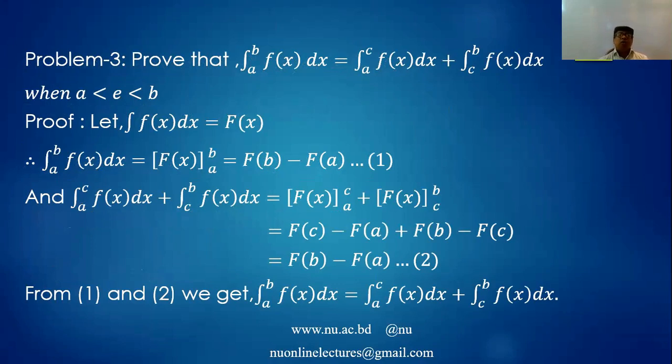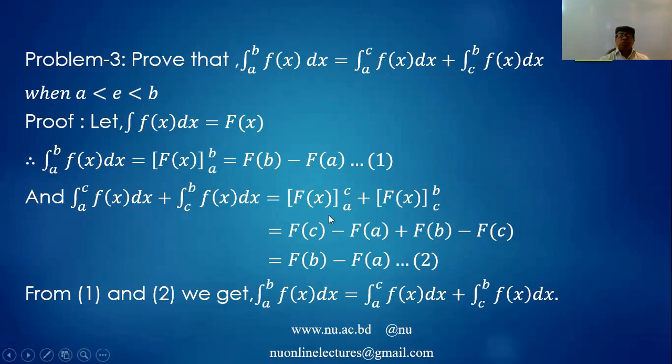We know integration f of x dx equals F of x. So integration a to b f of x dx equals F of x with the same process going on: a to b, substitute the upper value minus the lower value. This is number one. And integration a to c f of x dx plus integration c to b f of x dx equals F of x, with limit a to c here and limit c to b.